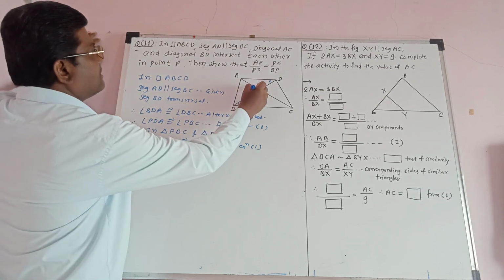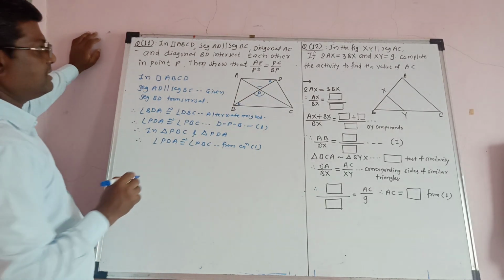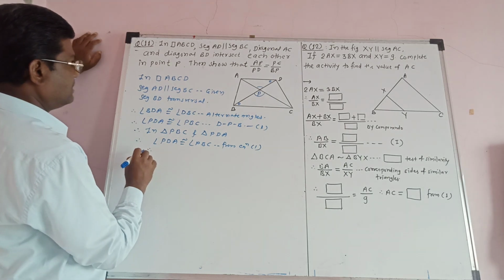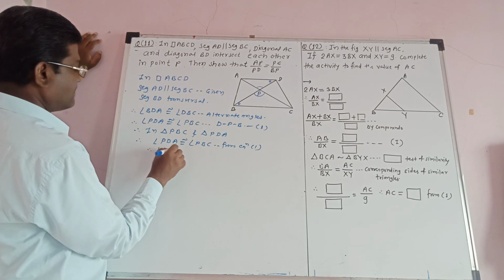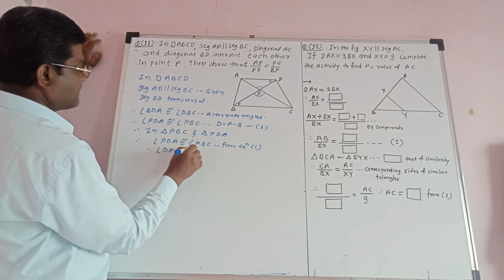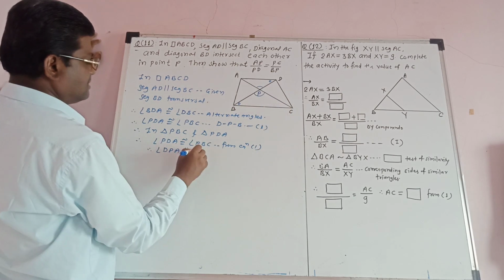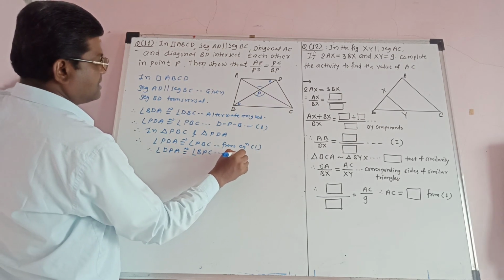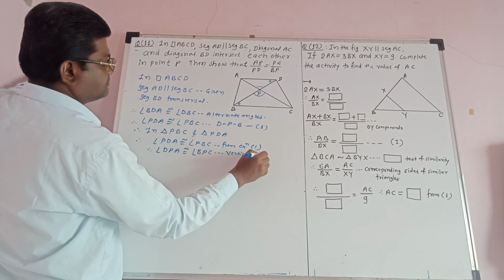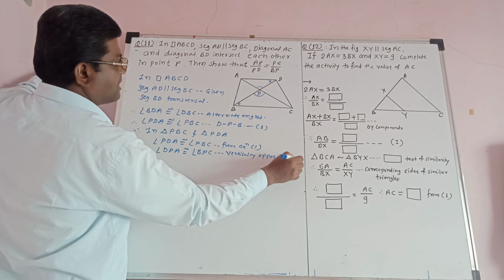Now this angle and this angle are vertically opposite angles, so we write angle DPA is congruent to angle BPC, vertically opposite angles.